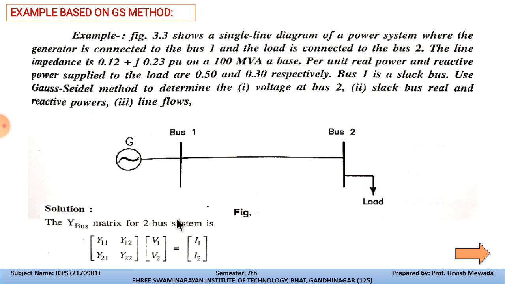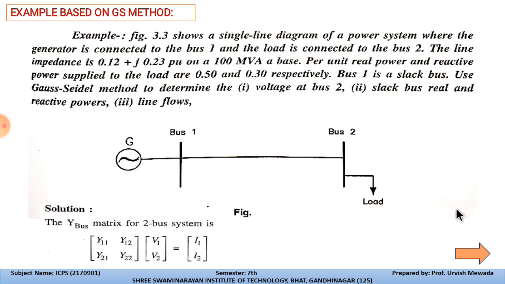So here the first step is we need to find out the Y bus. So we have two buses, so it is a 2 cross 2 matrix. So Y11 is the admittance of the bus itself, and Y22 is the admittance of the bus itself, and this is the link. So 1 to 2 we have the link, and 2 to 1 we have the link. That's why a 2 cross 2 matrix is formed, and I is equal to YV.